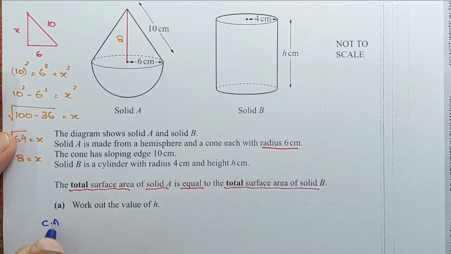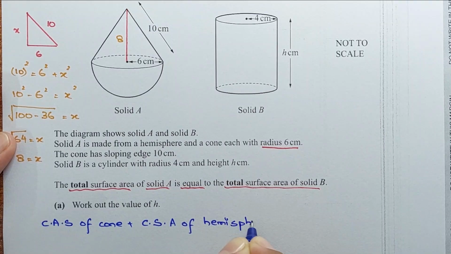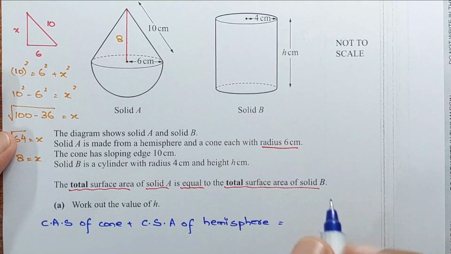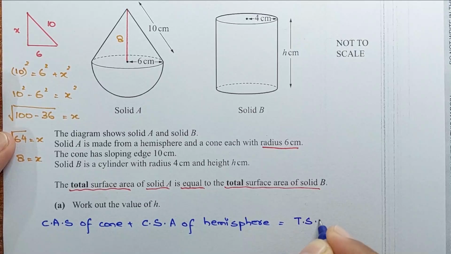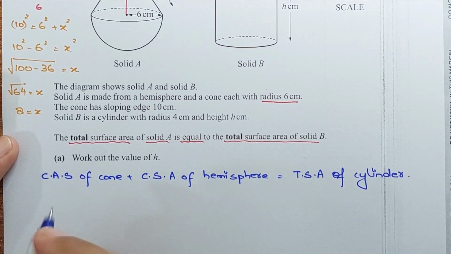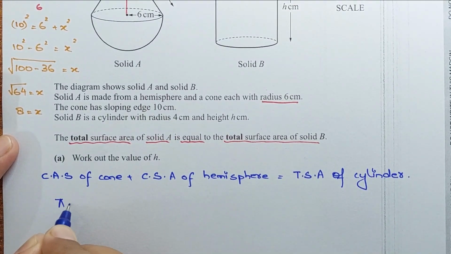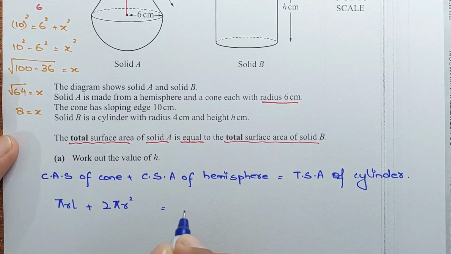So the curved surface area of the cone plus the curved surface area of the hemisphere equals, for solid B, the total surface area of the cylinder, which is the curved surface area and the top and bottom circles. The curved surface area of a cone has the formula pi r l, and the curved surface area of a hemisphere is 2 pi r squared.